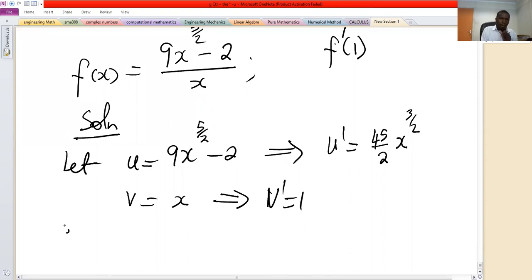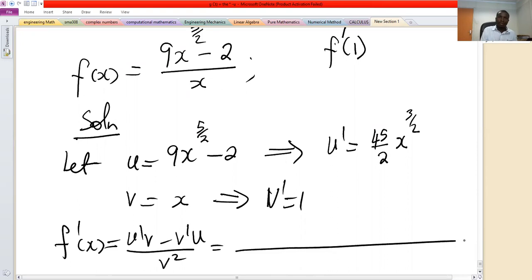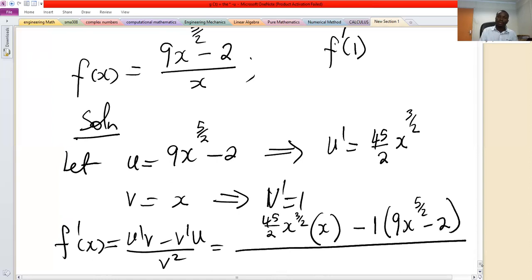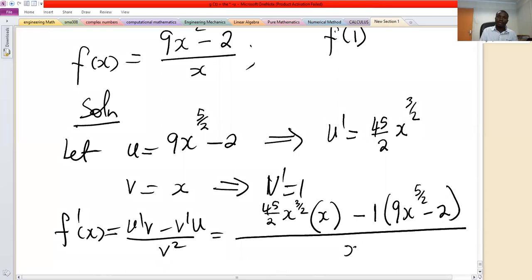So f prime of x is (u prime v minus v prime u) over v squared. Now u prime is 45/2 x to the power 3/2, v is x, minus v prime, which is 1, times u, which is 9x to the power 5/2 minus 2, divided by x squared.